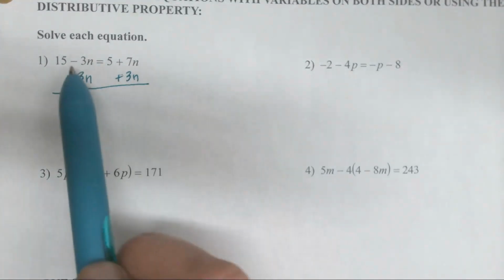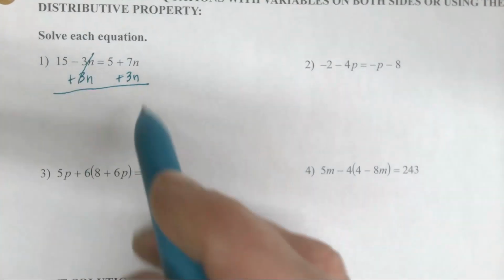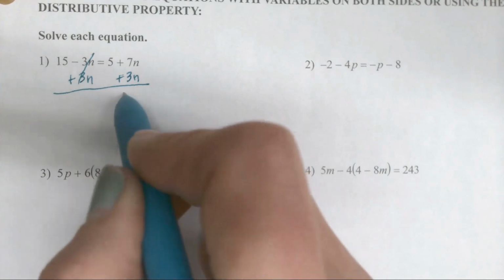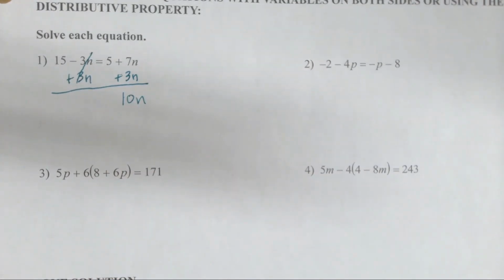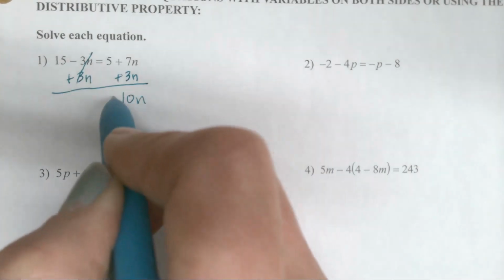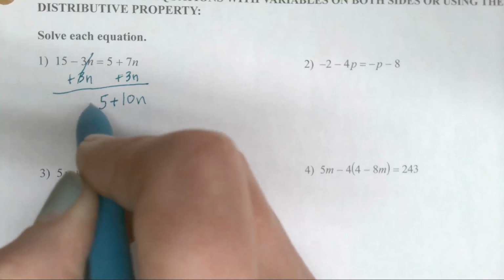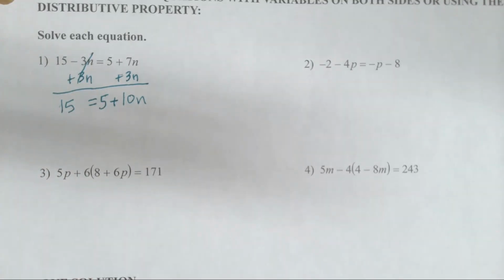The reason I add is because it's minus, and on the left it'll cancel, and on the right I can combine those together. Then I'll bring everything else down. That's a positive 10n, so it's plus, the equal sign comes down, and then that 15 hanging out over there on the other side also comes down.